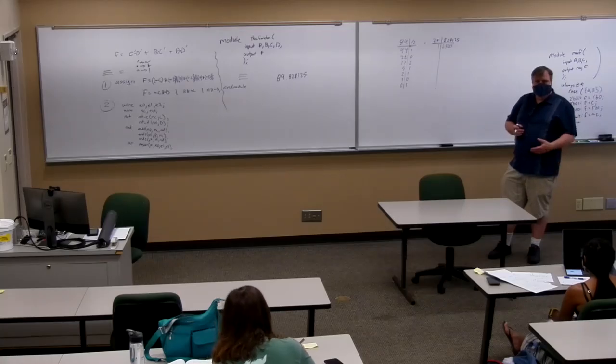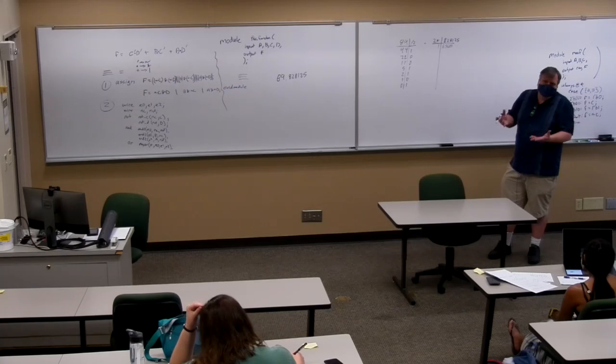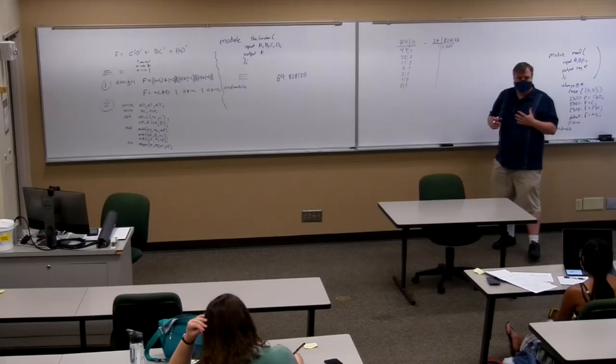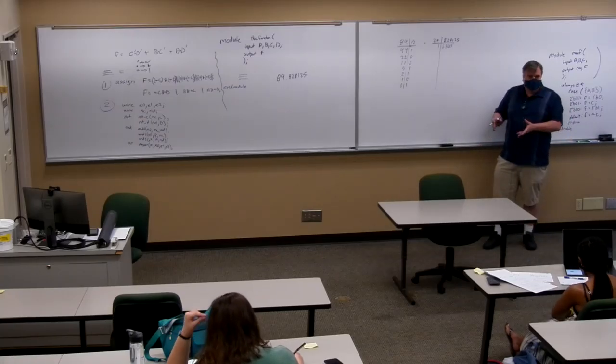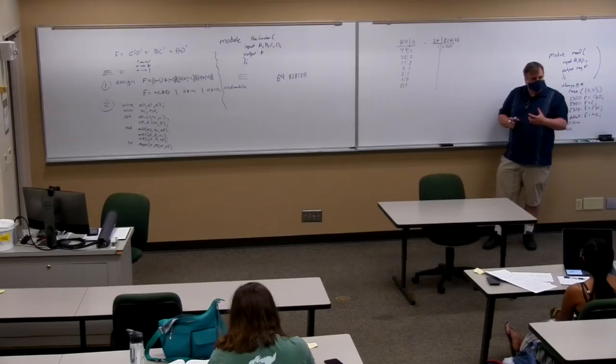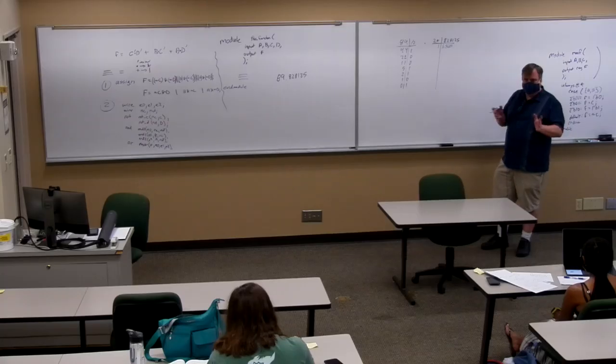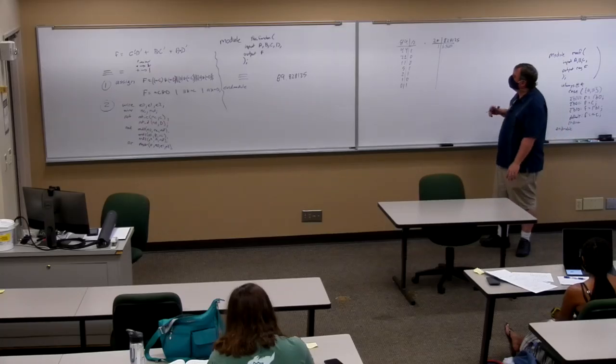So I want you to know these things, so if you ever have to build the circuit, you can, and you understand how that conversion went and why it works. Once you get comfortable, I fully expect you're going to type it in a calculator and say convert it for me. But in the early stages, you want to make sure you understand the whys. Once you have the whys, everything else falls in line and you can use stuff simply.